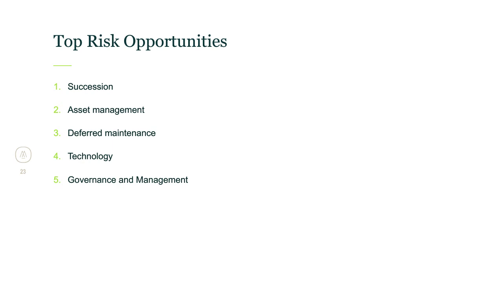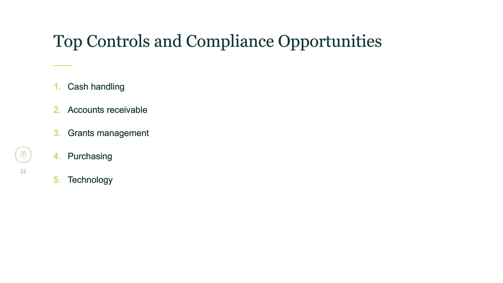Okay, controls and compliance. So think of this in terms of your organizations, what you do on a centralized basis and what you do on a decentralized basis. And that's a great way to think about controls and how they work for you. So, for example, two highly typically decentralized activities, cash handling, grants management, things that happen across your organization, and they typically happen in different ways or in inconsistent ways.